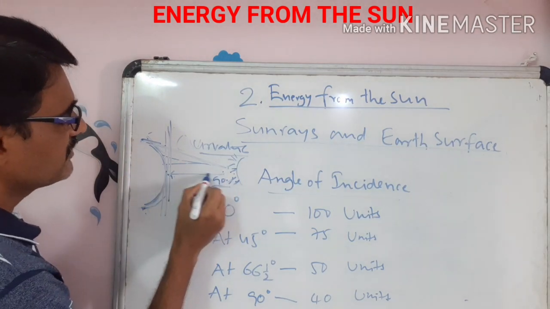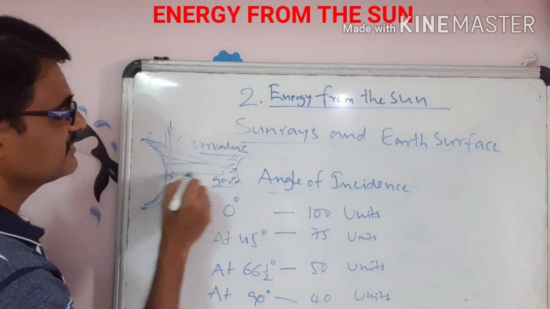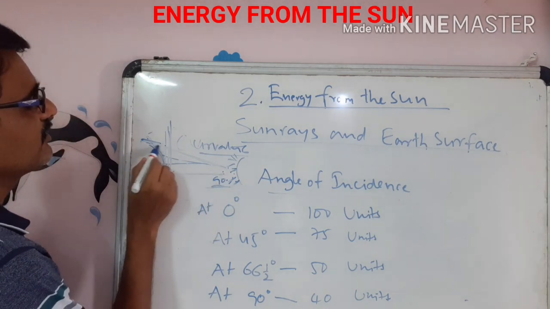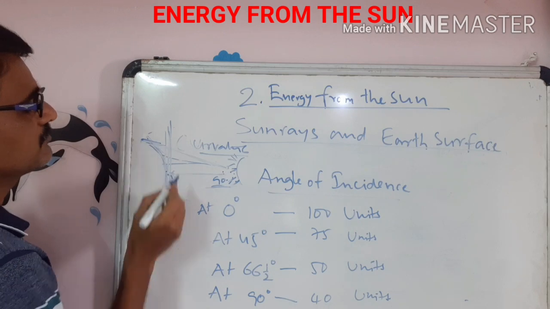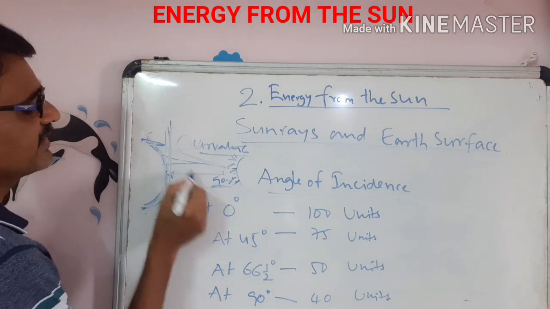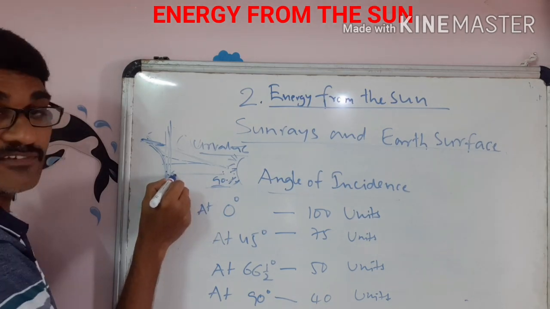It traveled from this place to this place, the distance is less, and to travel towards the poles, the sun rays travel more distance than to reach the equator.